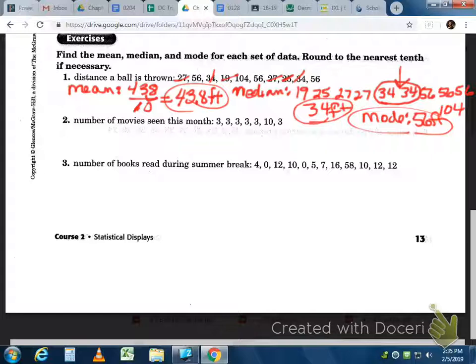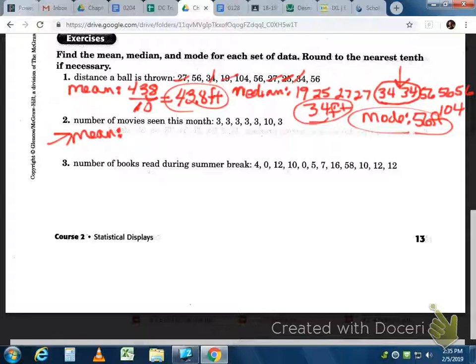All right, I want to finish off with number 2 because this is what I was talking about, an extreme value. So the mean is adding those all up. This is the number of movies seen this month. So somebody had 3, 3, 3, 3, 3, 10, and 3.